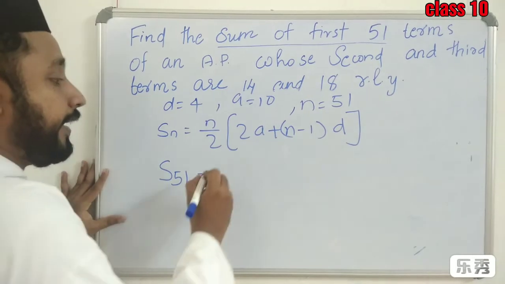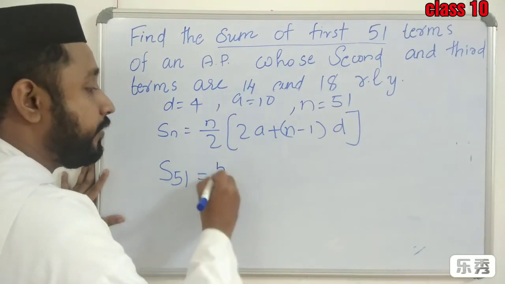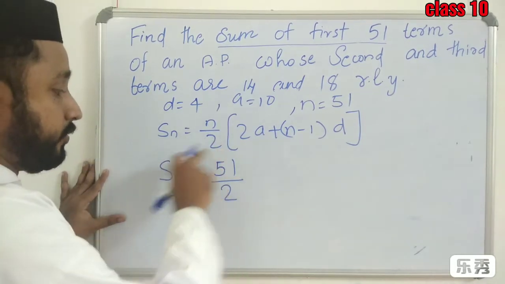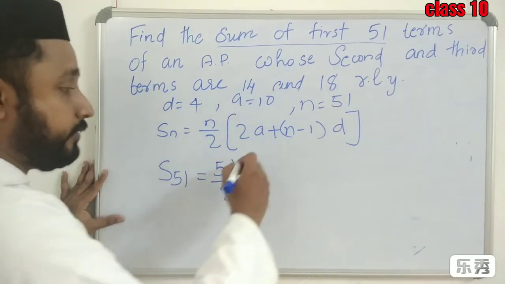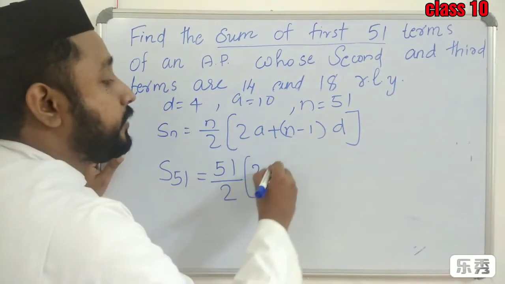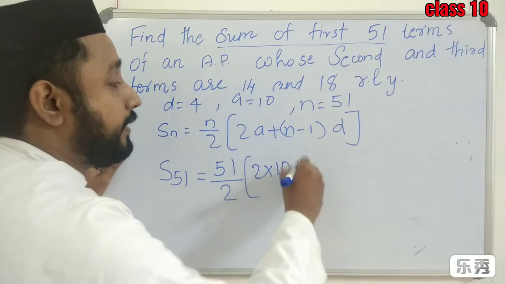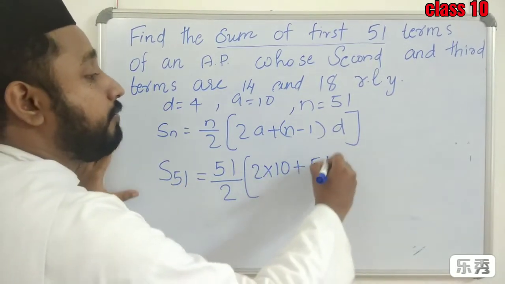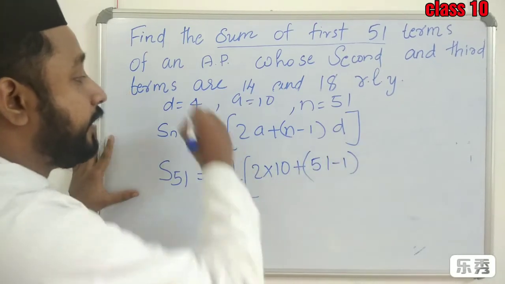S51 is equal to 51 by 2 into 2a, where a is 10, so 2 into 10, plus n minus 1, where n is 51, into d, where d is 4.